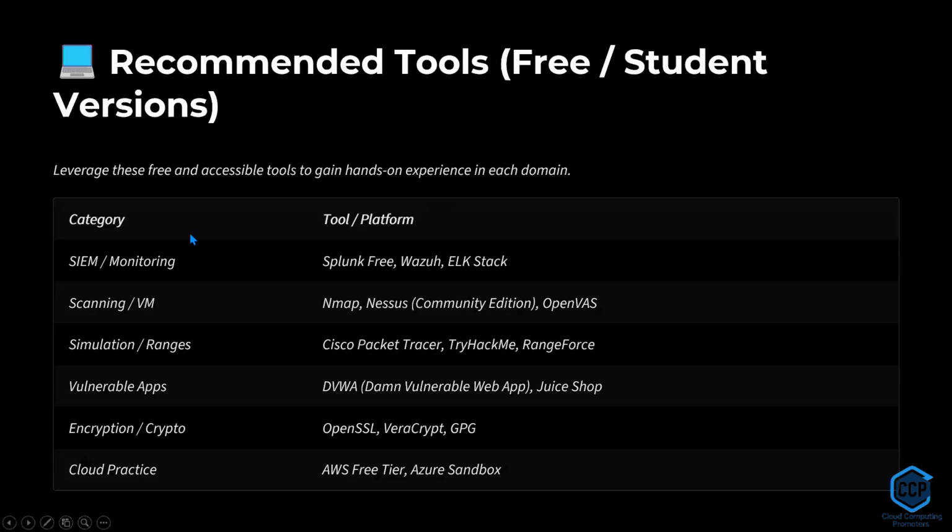So the SIEM tool would be like Splunk or Wazuh or ELK stack, and for scanning for vulnerability management or to discover any vulnerable ports we'll be using Nessus, which will be installed in Kali Linux, and Nmap, how we scan a network with Nmap.